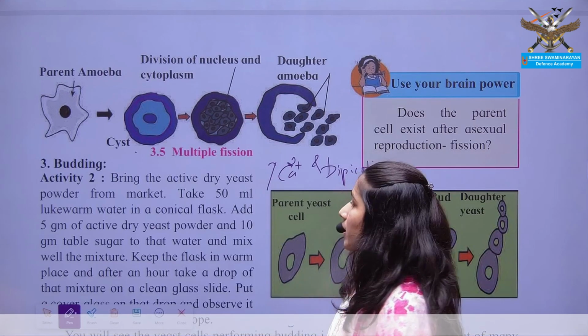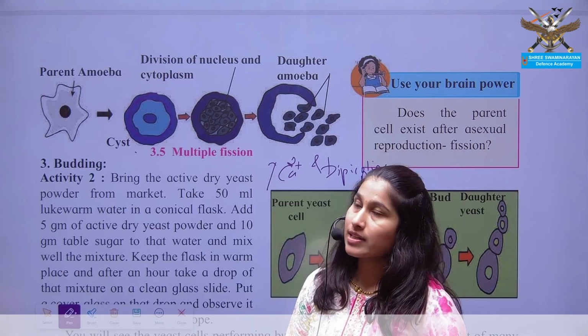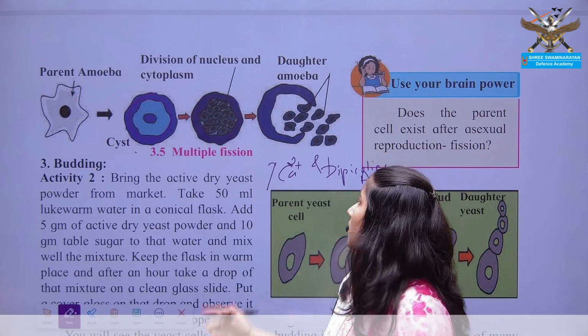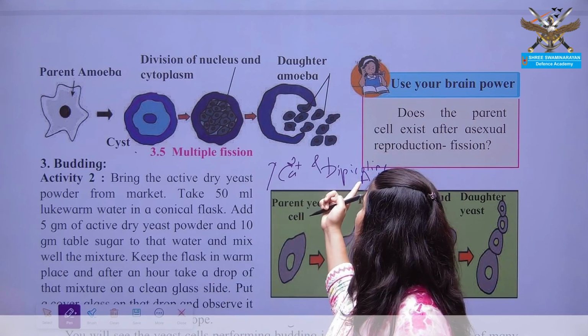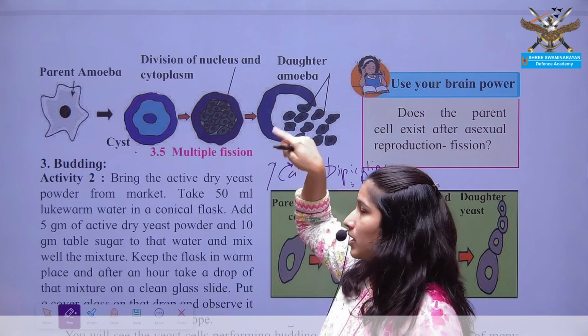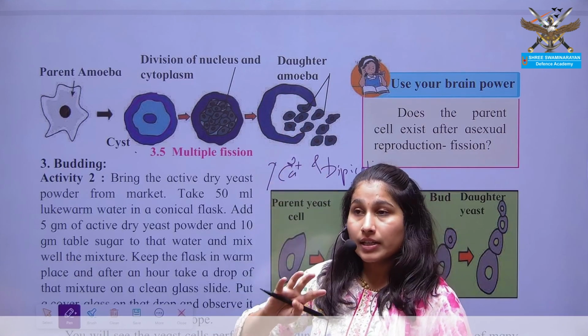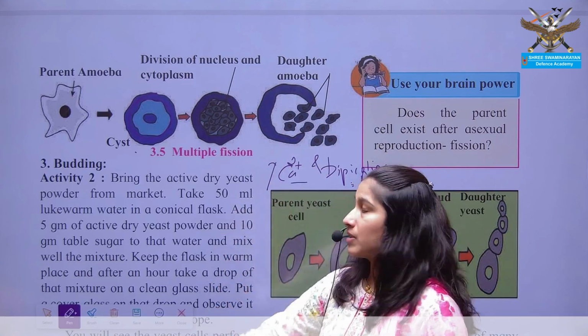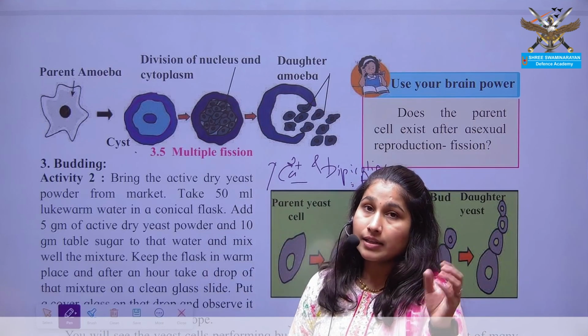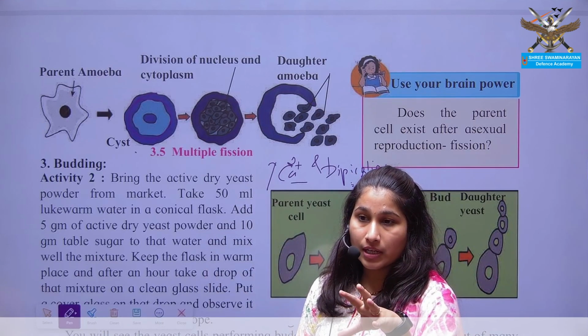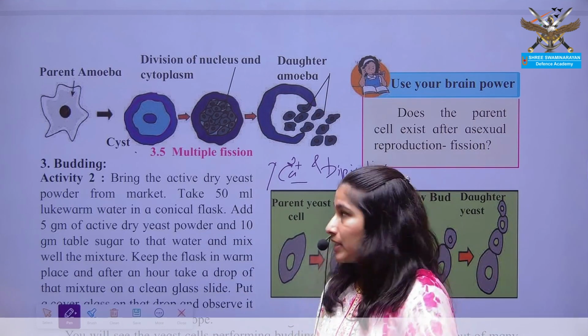Whatever spore formation or cyst formation is seen in these unicellular organisms, there is the presence of dipicolinic acid in their outer covering, which makes it hard. High amount of calcium, that's why the structure is hard. The environmental condition or the chemicals cannot affect them easily.